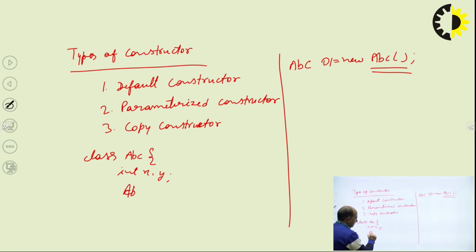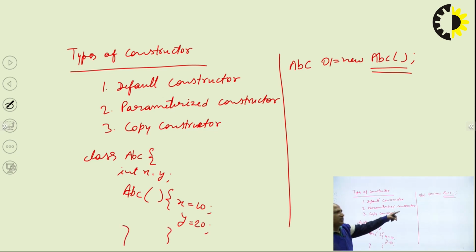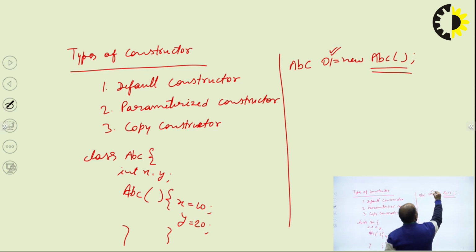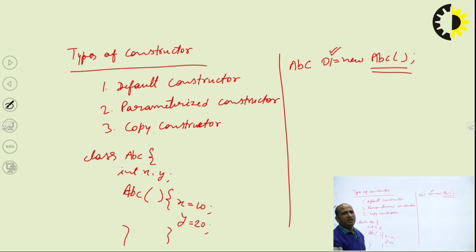The constructor name is ABC, no parameter has been passed, x is assigned 10, y is assigned 20. So whenever the object O1 is created, the copy of x associated with O1 has the value 10 and y has the value 20, because this default constructor has been created. This is called the default constructor.